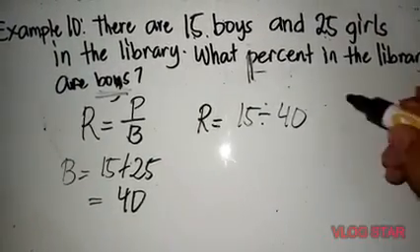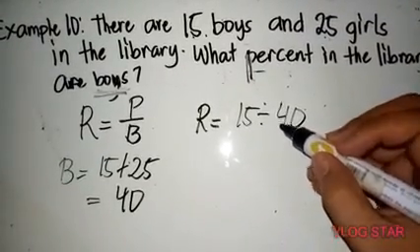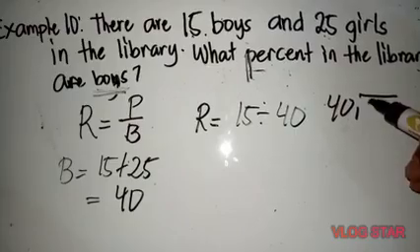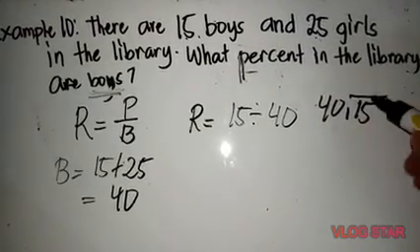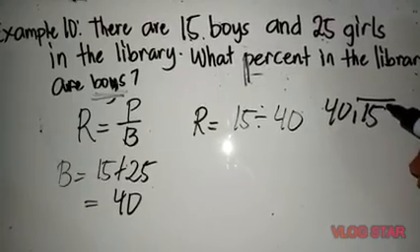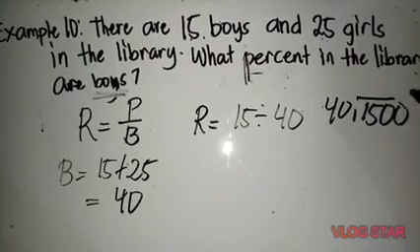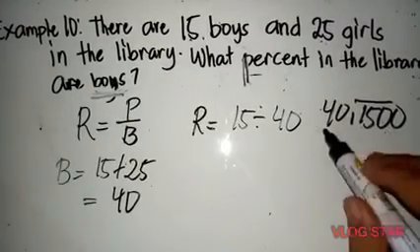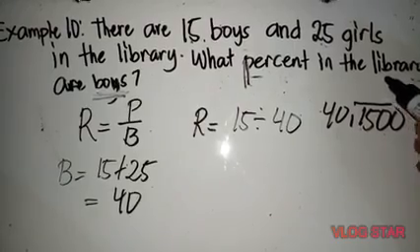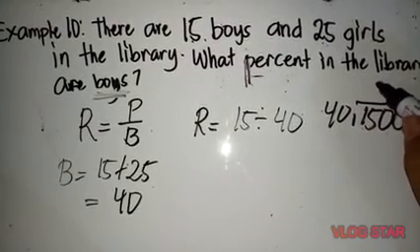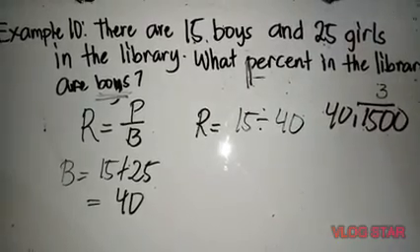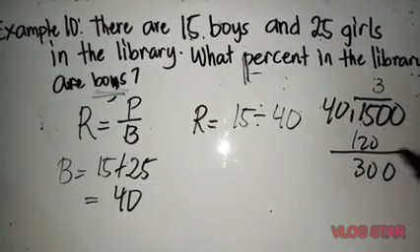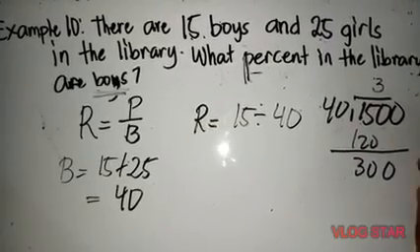So now let's solve 15 divided by 40. What you're going to do is just add 0. Then 150 divided by 40 is 3. Then 3 times 40 is 120. Then subtract. The answer is 30.